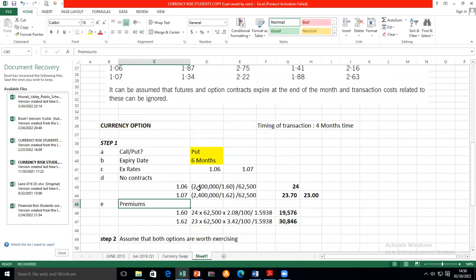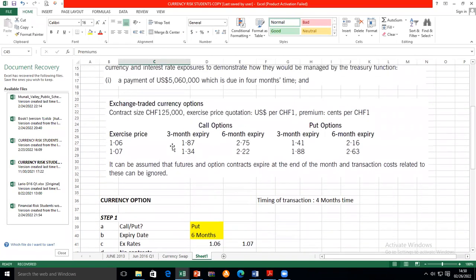Let's divide. What's the contract size? 125,000. The exercise price, US dollar.